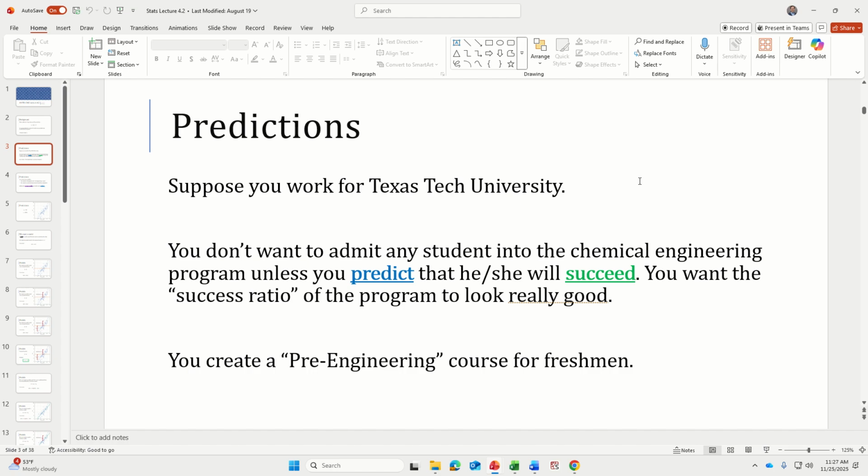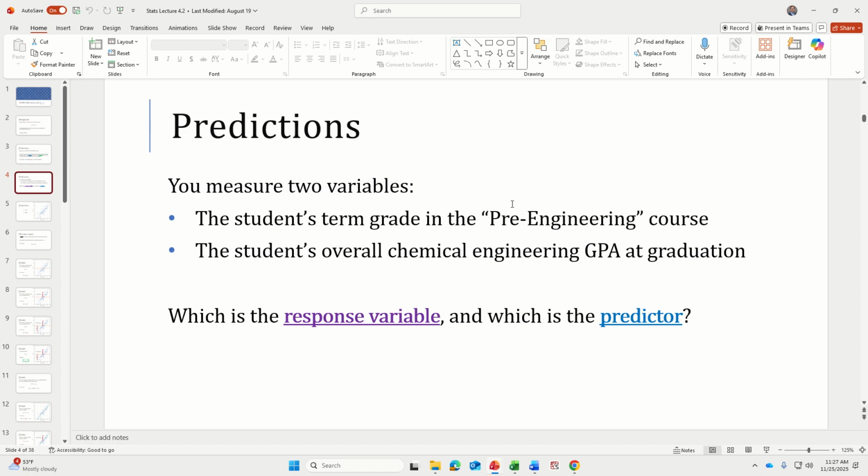And then, based on the data they collected, they looked at students' performance over a number of years, over like 6 or 7 years, and they said, listen, now that we have a few years of graduates, we can compare the students' term grade in the pre-engineering course with their overall chemical engineering GPA at the end of the program, and we'll create a model that will predict the response variable, the GPA at the end of the program, with the predictor variable, the student's term grade in the pre-engineering course.